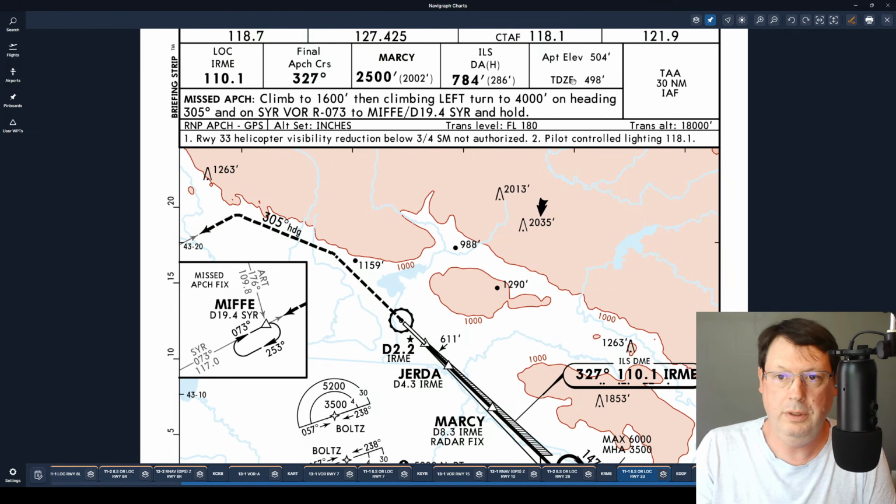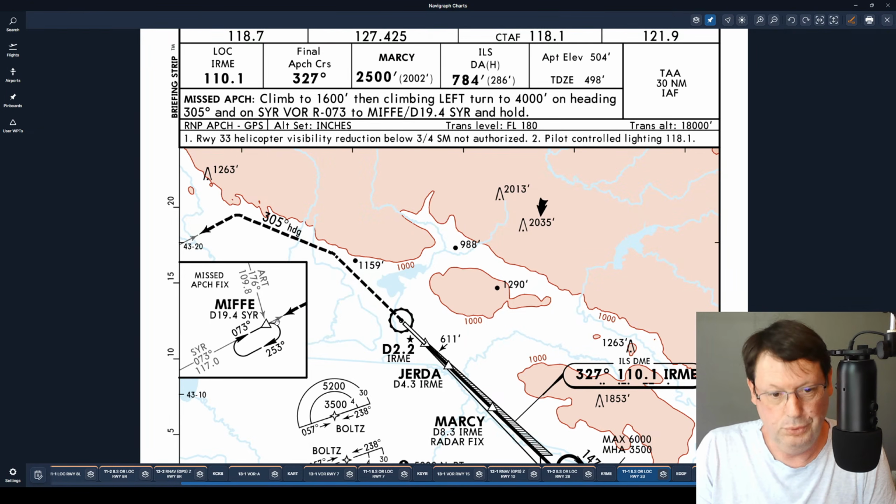Let's say you go missed at the decision altitude, say 300 feet. You climb on runway heading to 1,600 feet, so from 300 to 1,600, no turns, just straight ahead. And then you take a left turn to 4,000 on a heading of 305.